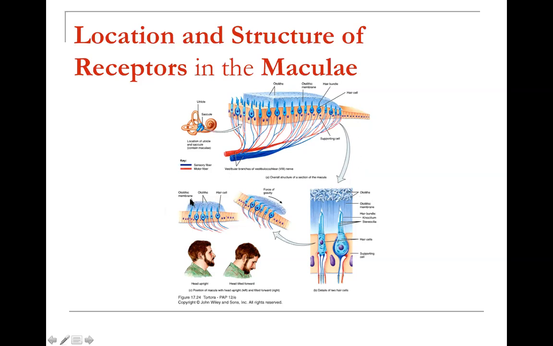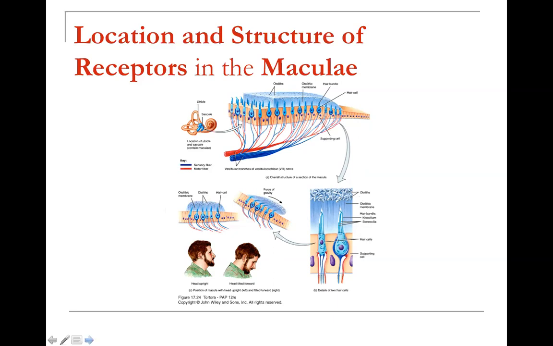These little tiny otoliths change their location because their density is slightly different. And as gravity moves, so do the otoliths. And those otoliths then drag on that otolithic membrane. And then you have these hair cells, which are made up of kinocilia and stereocilia. And that's what actually causes your brain to know which way your head is tilted.